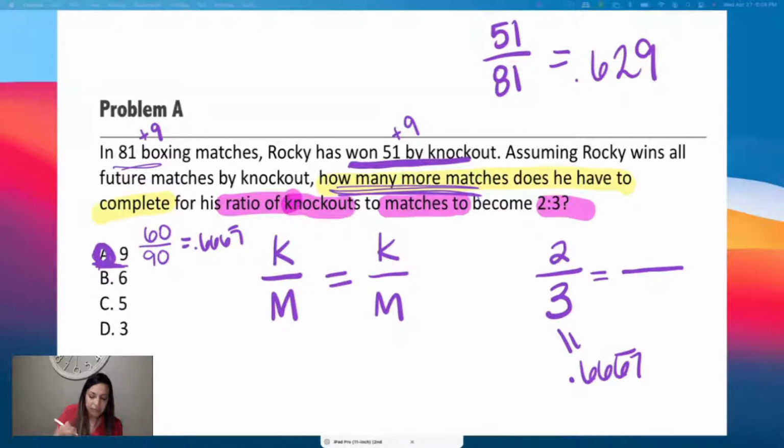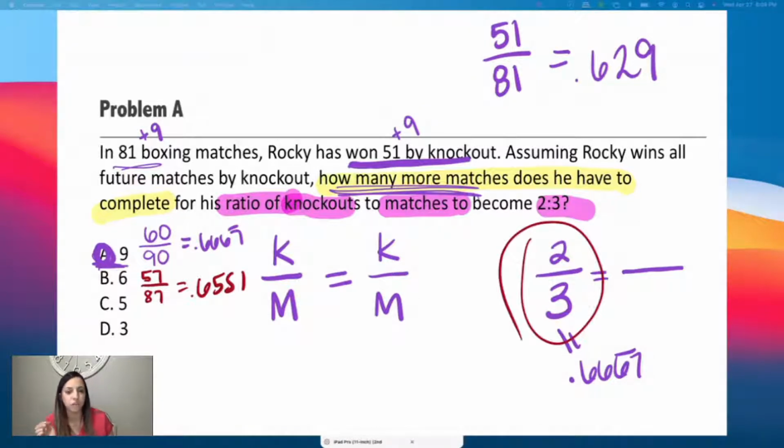If I plugged in 6, 51 plus 6 is 57. I'm going to change colors here so that we're not getting all muddled. And 81 plus 6 is 87. If I do 57 divided by 87, I get 0.6551, and it keeps going. That does not equal our ratio of 2-3, so that's not going to work.